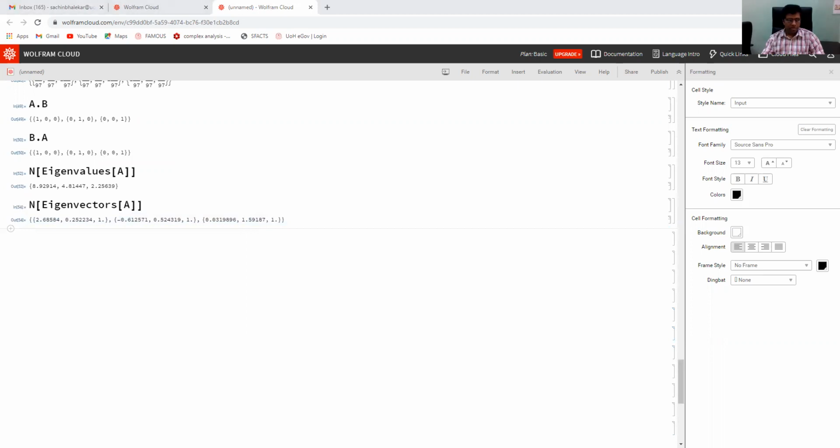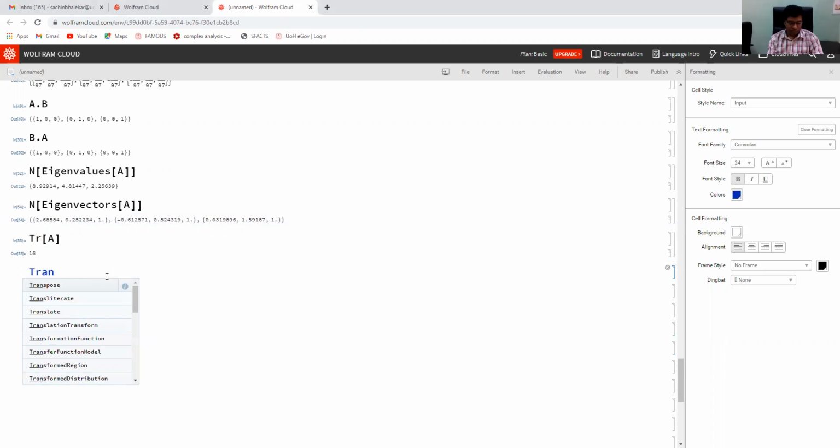Then let us find the transpose, then the characteristic polynomial. Tr is for trace of matrix A, then transpose, the command is Transpose. We can also find the characteristic polynomial.